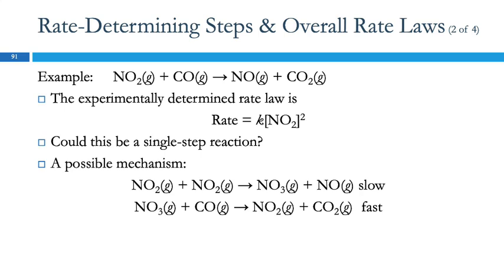Yes, I do. Okay, check off condition 1. Does the rate law predicted by this match the experimentally determined one? Yes. So this is a valid mechanism. Doesn't mean that it's the correct one, but it's possible. Any other questions?